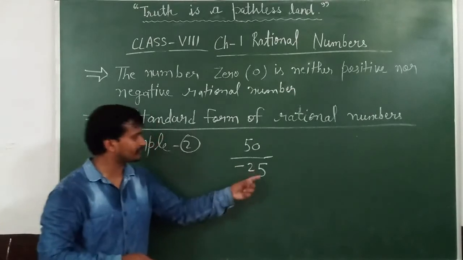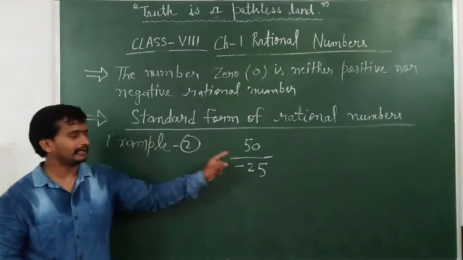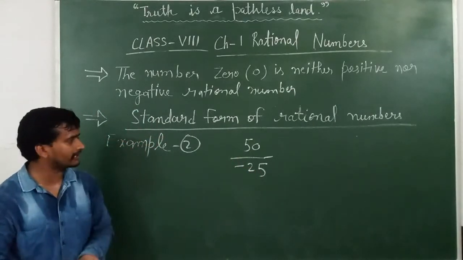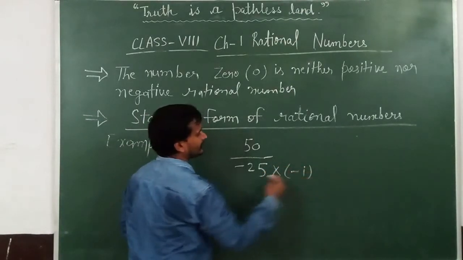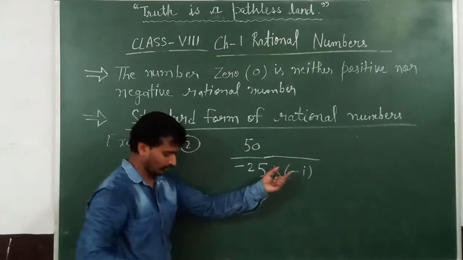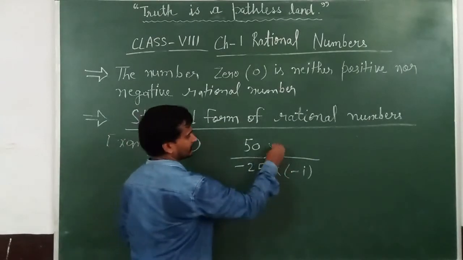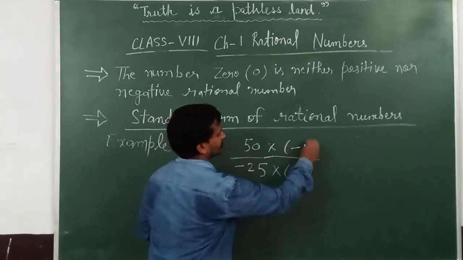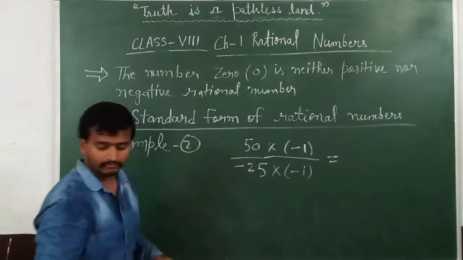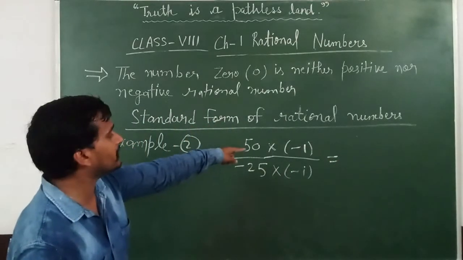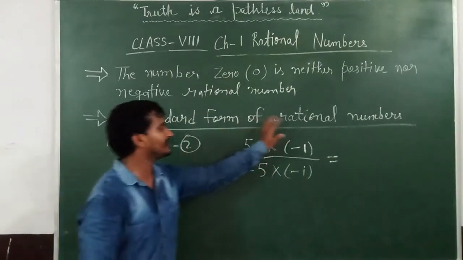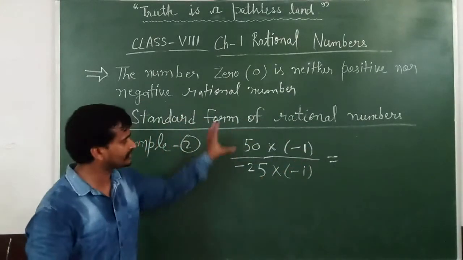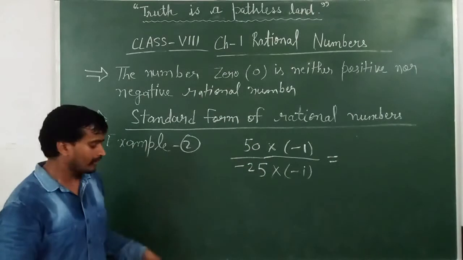So we can convert this negative denominator into positive by multiplying by minus 1 in the denominator and minus 1 in the numerator. Because when we multiply by minus 1 in numerator and minus 1 in denominator, there will be no change in this rational number.